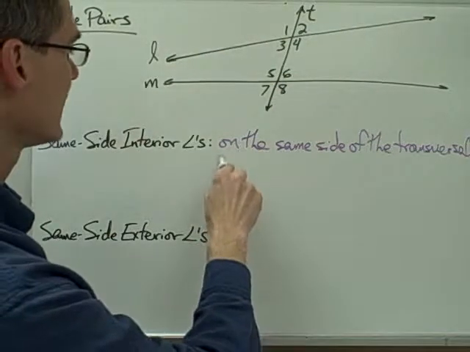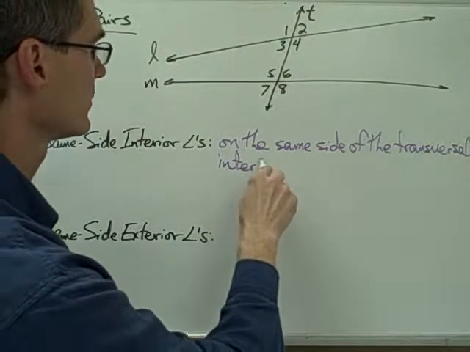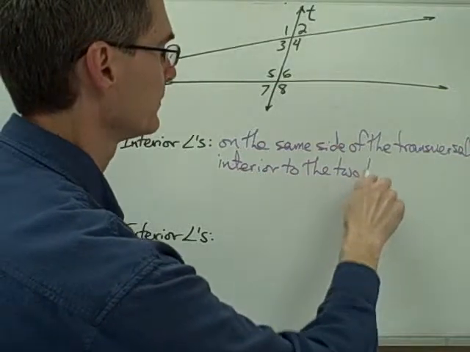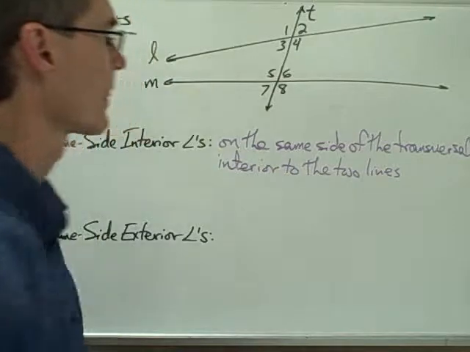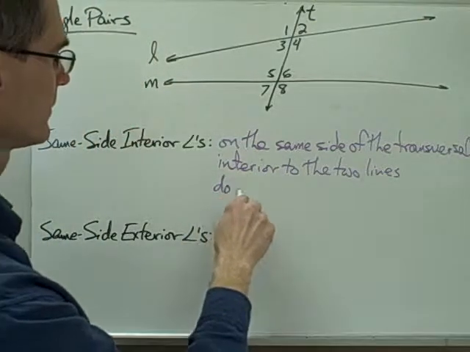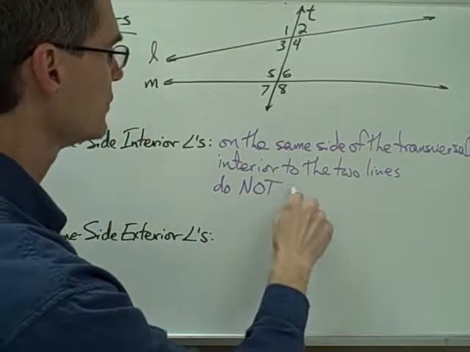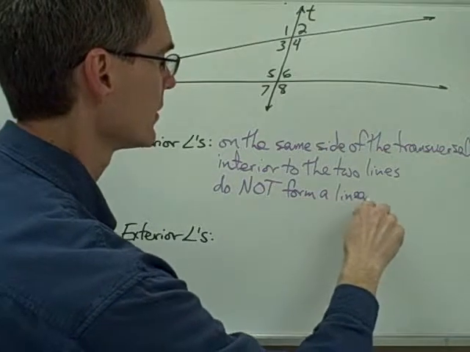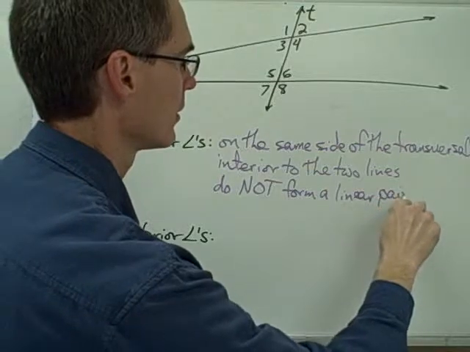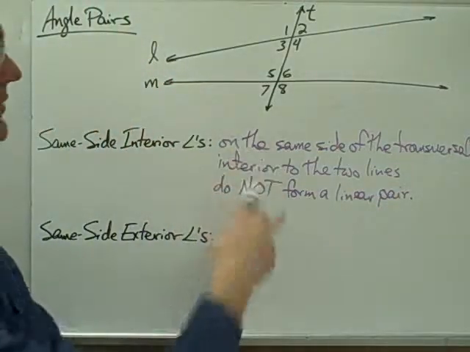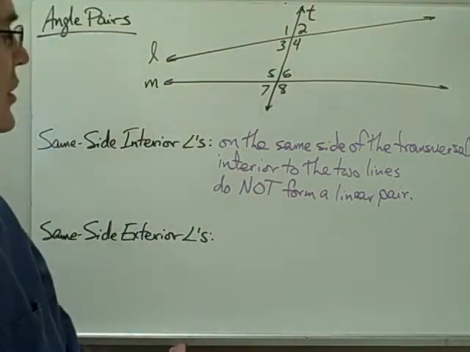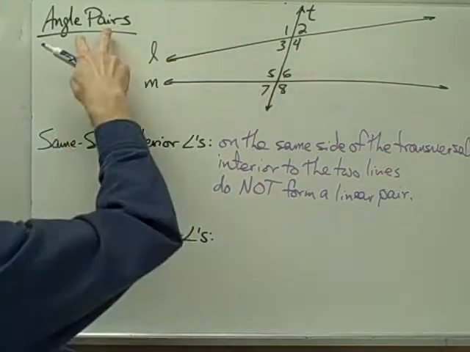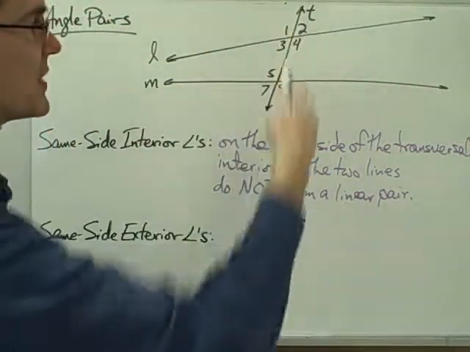They are interior to the two lines, and they do not form a linear pair. So now, given these three characteristics of same side interior angles, let's see if we can identify the same side interior angle pairs. Remember, we're talking about pairs of angles in this diagram right here.